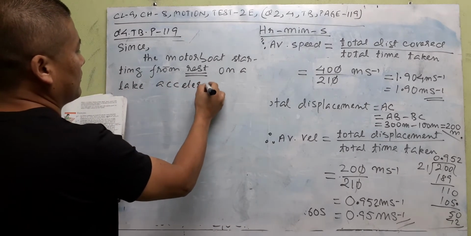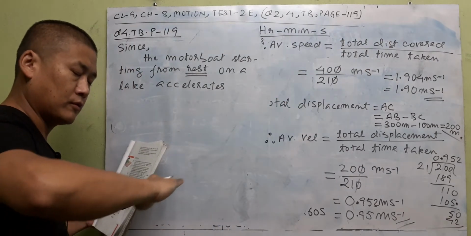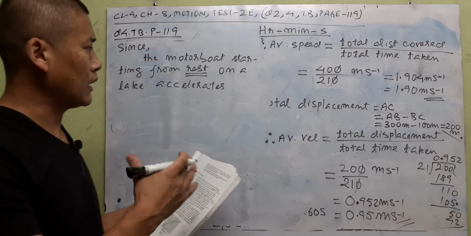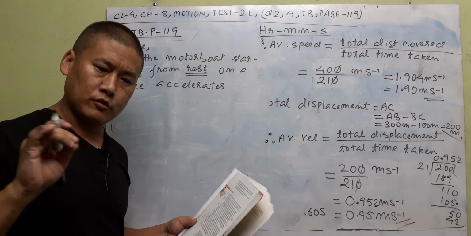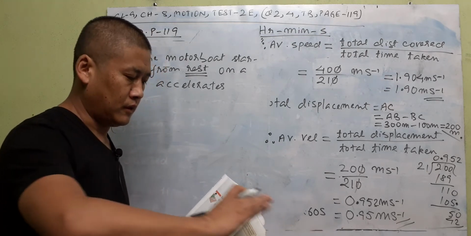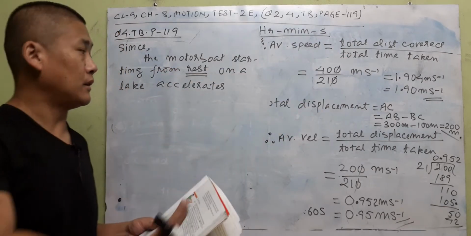So accelerates here means it is gradually moving faster, from slow rest to becoming more and more fast. So positive acceleration, therefore. As we have been saying again and again, when an object slows down, like application of brakes by a car, it is called negative acceleration. And if a car is picking up slowly and then increasing its speed, that's called positive acceleration.